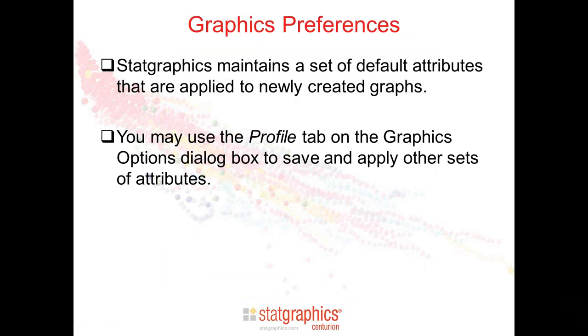You can also use the Profile tab on the graphics options dialog box, however, to save and apply other sets of attributes. It's a handy way to take a set of styles, line types, point types, colors, fonts, and so forth, save them away, and later apply them to other graphs. I'm going to show you how to do that in just a second.